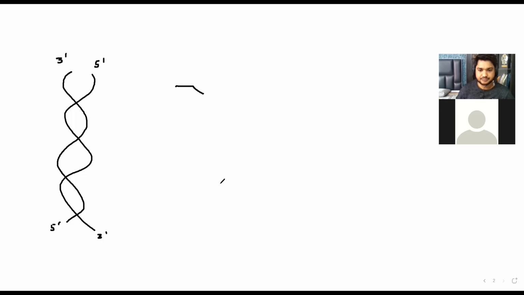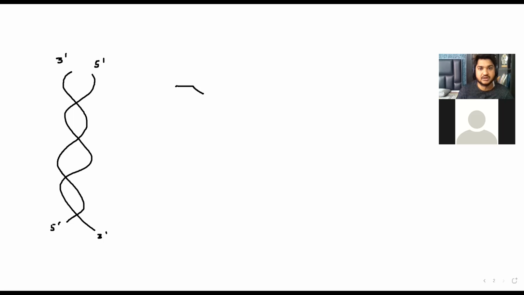If I show you the complete structure of DNA, you will see nucleotides attaching to one side and the other side. The bonding sites are 3 and 5. For this, I have to show you a structure.